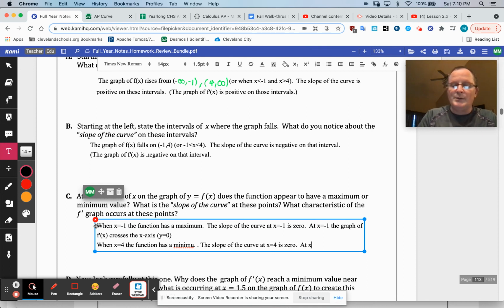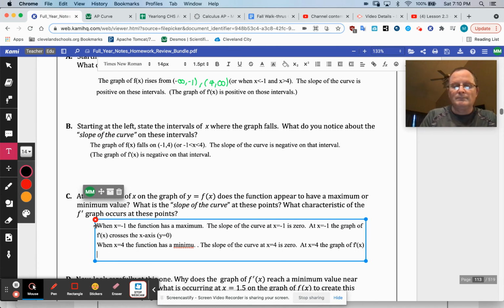At x equals 4, the graph of f prime of x crosses the x-axis. Again, it crosses from below, and that is what would cause it to have a minimum value on the original function. And again, we'll talk more about that later. But at that moment, y is equal to 0.